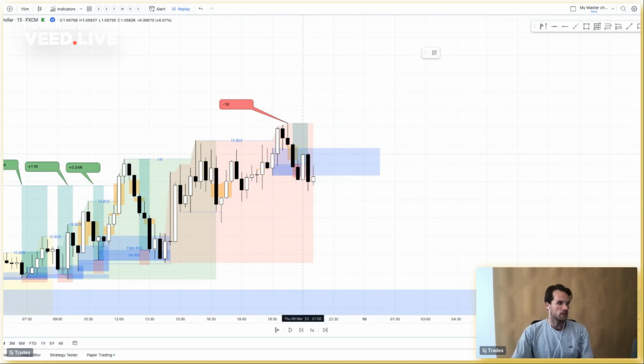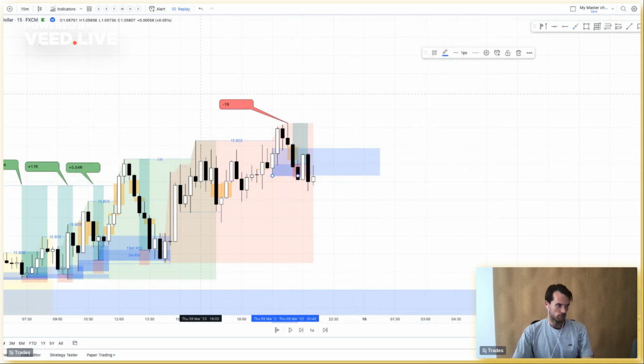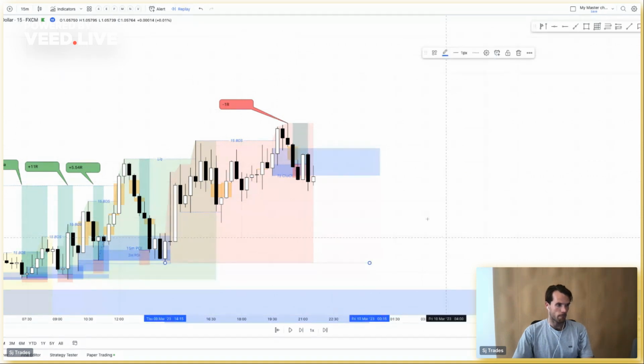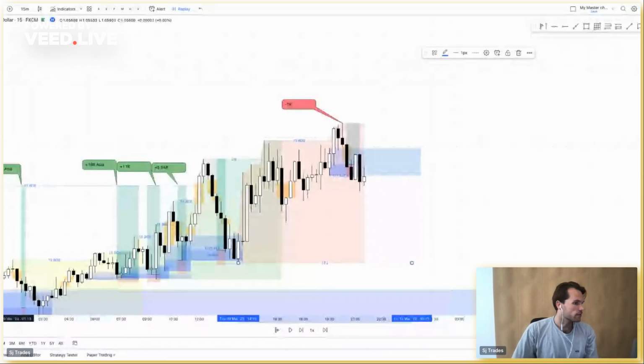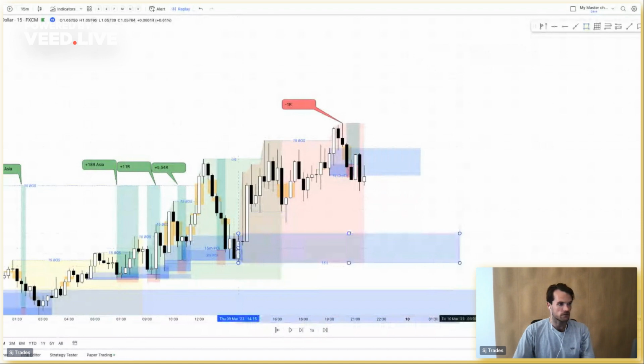So essentially we've got a CHoCH, but for me that doesn't matter. We're not in a 4-hour POI. There's that 15 low. So essentially we're looking for this to hold.